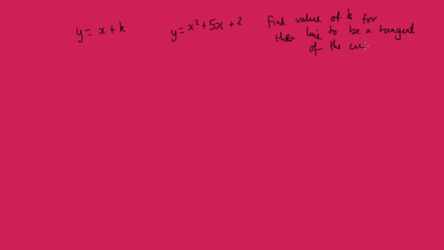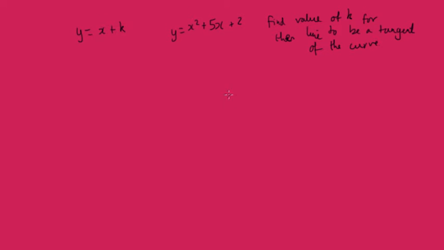So we've got the line y equals x plus k, and we have the quadratic curve y equals x squared plus 5x plus 2, and we want to find the value of k for the line to be a tangent of the curve.